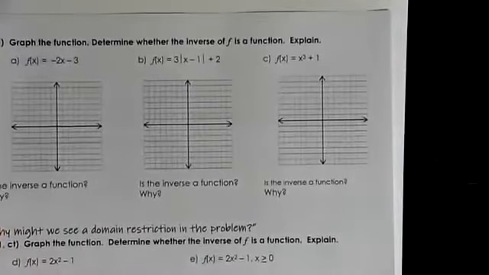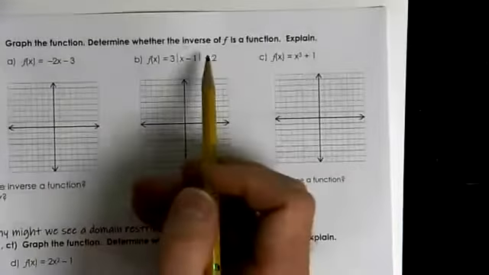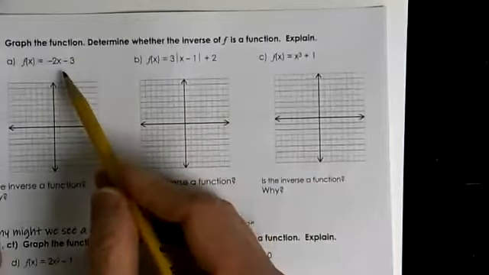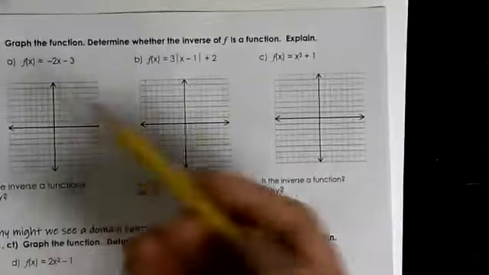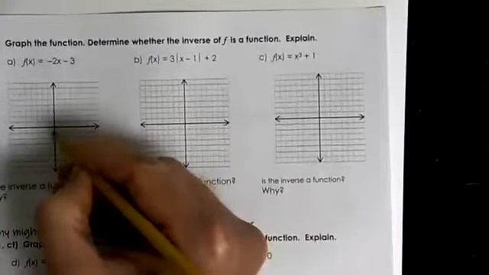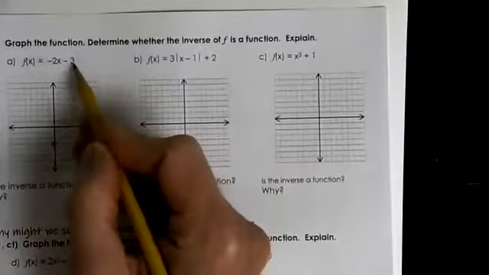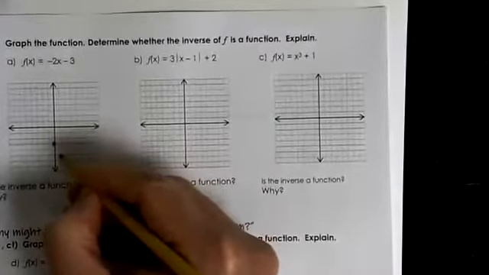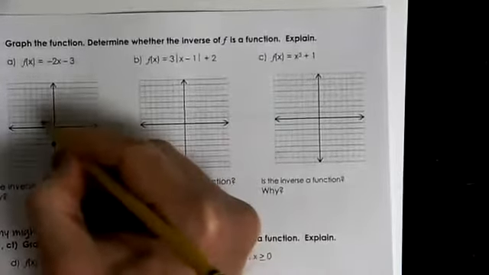All right, so now we're going to determine if these equations have an inverse that is a function. You might have an idea just by looking at the equation, but let's look at the graph. 1, 2, 3, because you start at the y-intercept and you do the slope of -2, which is down 2 over 1 and up 2 over 1.